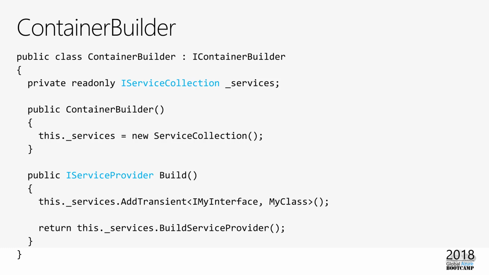We create a container builder, and within it the IServiceCollection is instantiated, then we register all the dependencies within the build method and return the IServiceProvider. Of course, we can create another method like RegisterModule instead of registering all the dependencies within the build method. We can separate it.